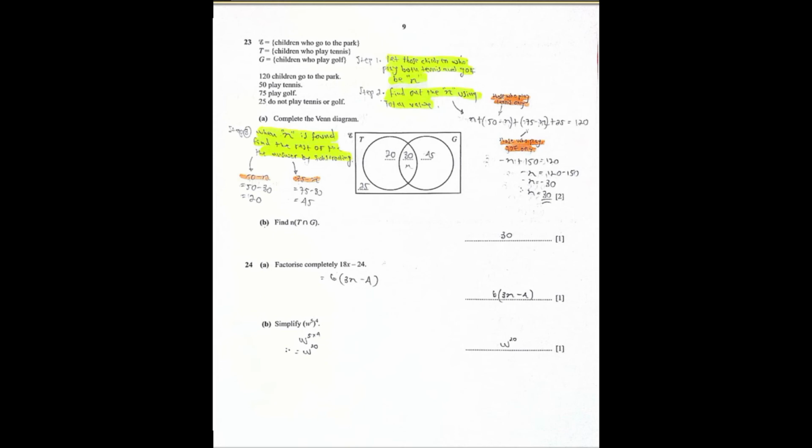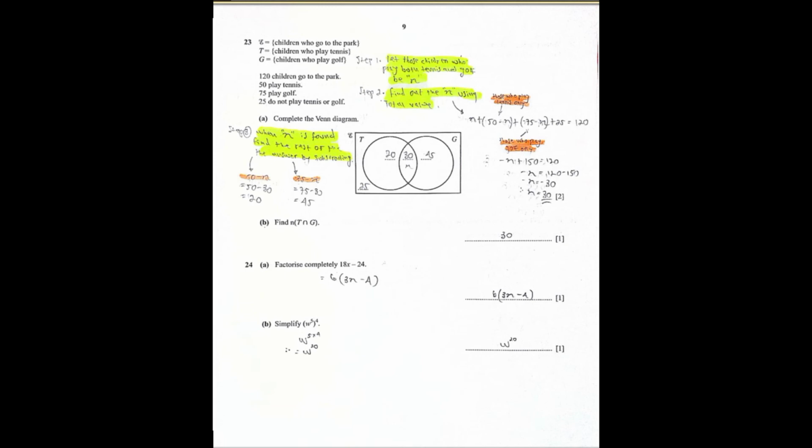Using this equation, you can find your x as 30. Now just substitute your x to the others to find those who play tennis or those who play golf. So in this case, 50 minus x for those who play tennis, and then 75 minus x for those who play golf, and you will get your final answers.